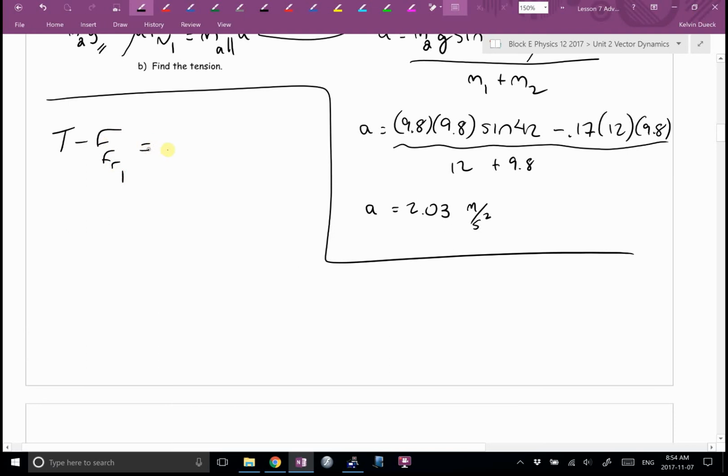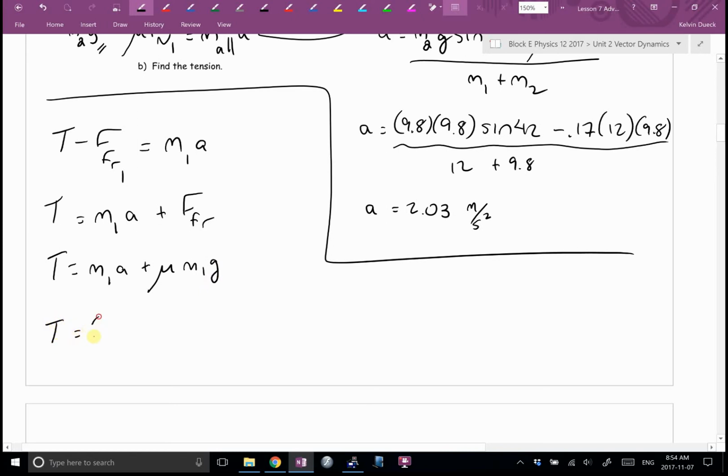And that's going to equal M1A. Tension is going to be M1A plus friction. It's going to be M1A plus mu times the normal force. I don't know the normal force. Oh, but look. Another force, same size as the normal force, M1G. And now I can plug in numbers.